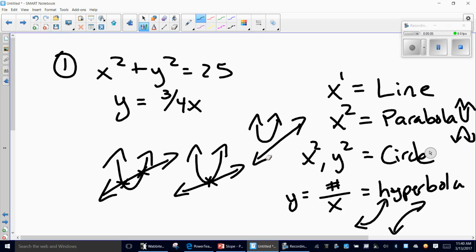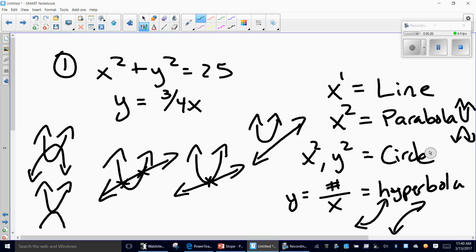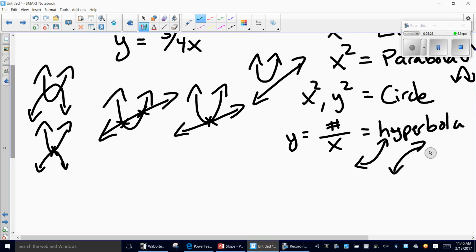Okay, what if you have a parabola with a parabola? It could cross. How many times does that one cross? 2. It could cross once, or it could cross not at all. What if you have a parabola with a circle?